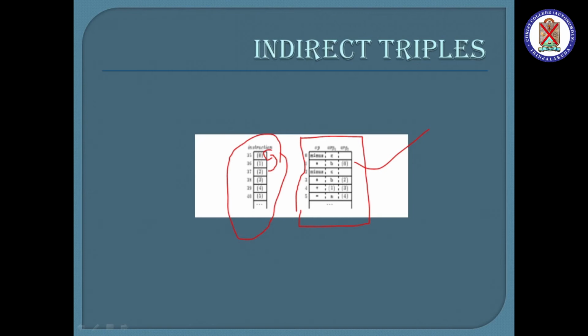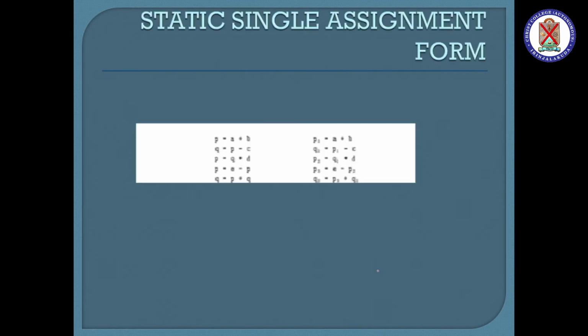So these are the three representations we are talking about: triples, quadruples, and indirect triples. Next is another representation, not three address representation. It is an entirely different optimized representation, that is static single assignment form. The static single assignment form has two distinctive aspects from three address statements.